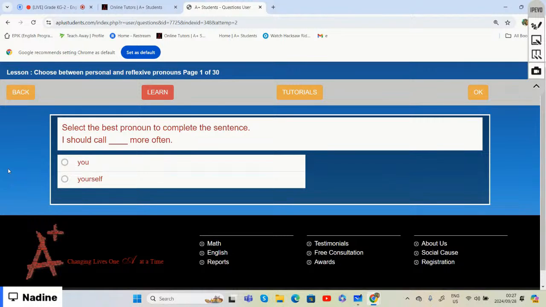Here it says select the best pronoun to complete the sentence. I call you more often, option one, or I call yourself more often, option two? Which one is correct?